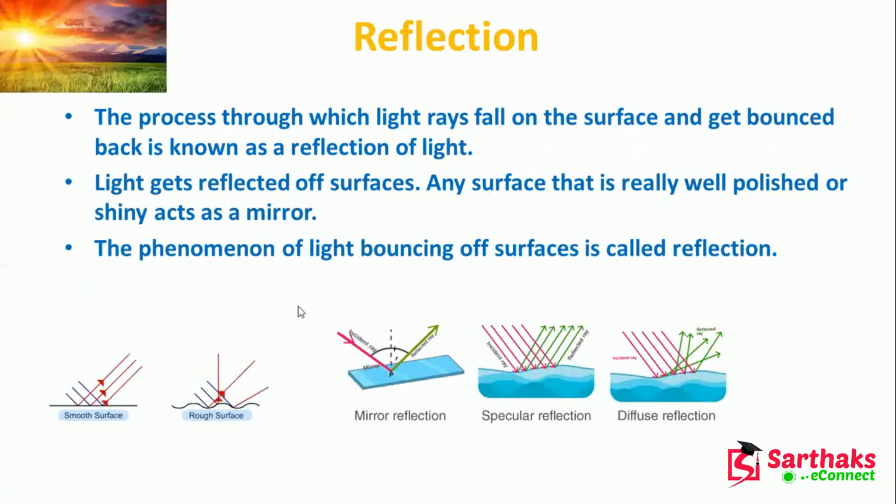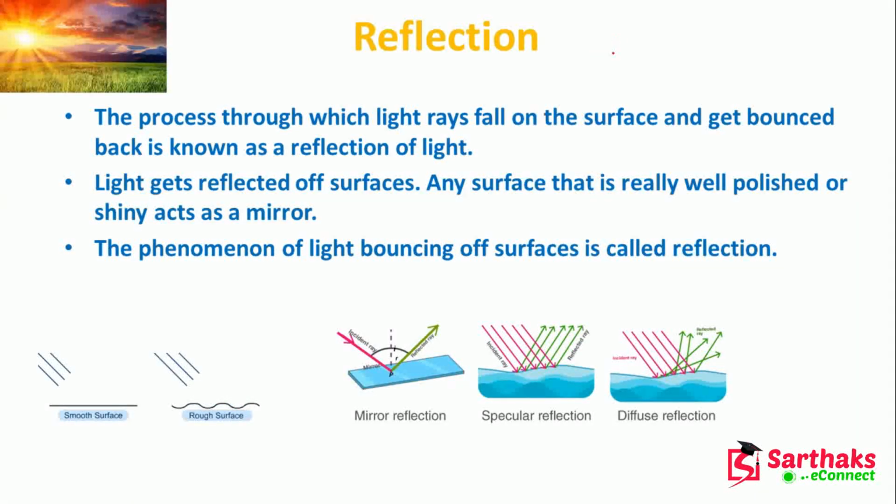Now the reflection. The process through which light rays fall on a surface and get bounced back is known as reflection of light. In this left picture you can see that the light ray falls, these blue lines, and then it reflects back as the red lines.